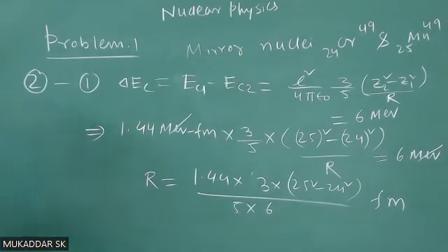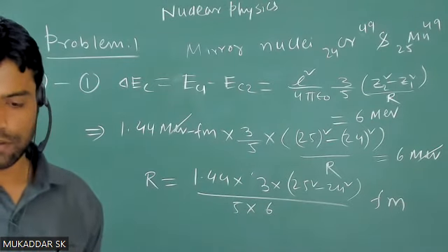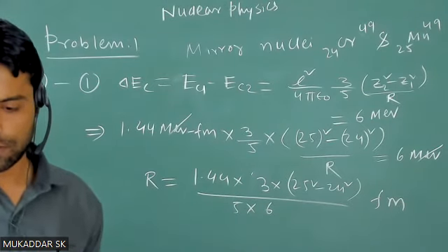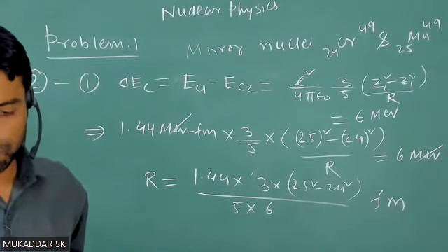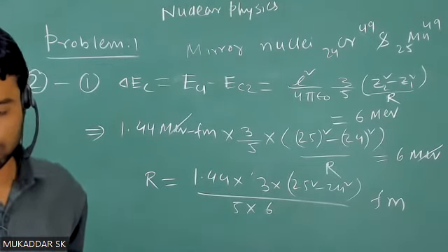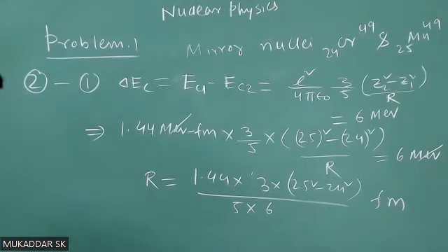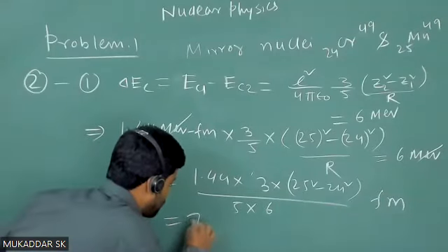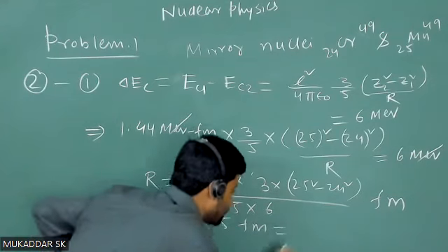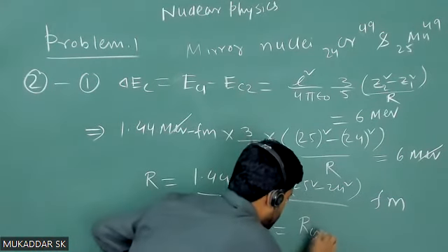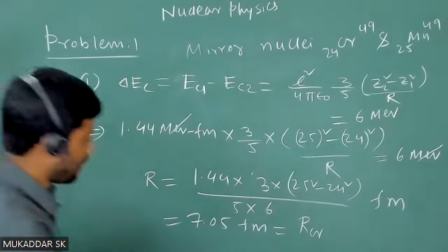Can you please calculate and tell me? So to calculate this value, we'll basically get 7.05 femtometer. So that is the radius of chromium or manganese also. Okay, so this will be the answer.